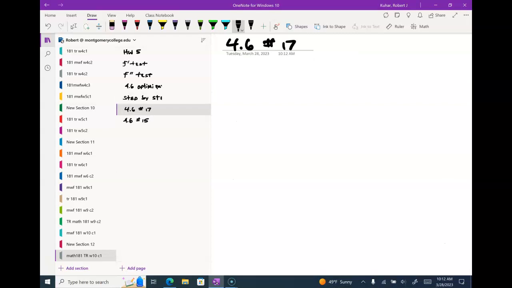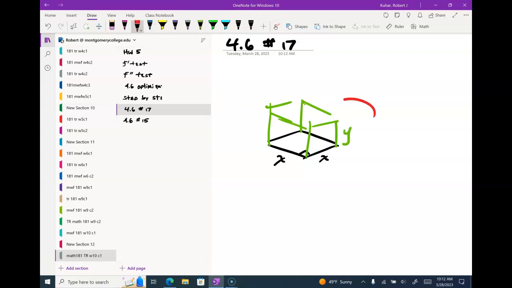So this is 4.6, number 17. I've got a square base, so an x by x, right? And I've got an open top, but I have a certain height y. Right? And that top is completely open, right? How you doing?